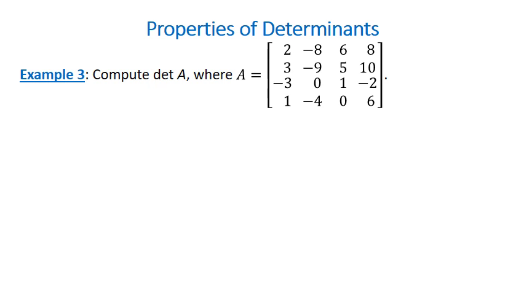Okay, well, here's an even bigger matrix. So here we have a 4x4 matrix, and we're going to do the same type of thing. Now, I have to admit that this problem is in the book, and I wanted to try a different method.